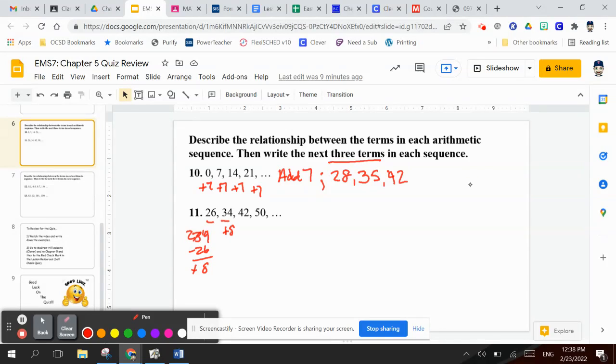Is 34 plus 8 42? Yes. Is 42 plus 8 50? Yes. So my rule is add 8, and then the next 3 terms would be 50 plus 8, which is 58, and then 66, and then 74.